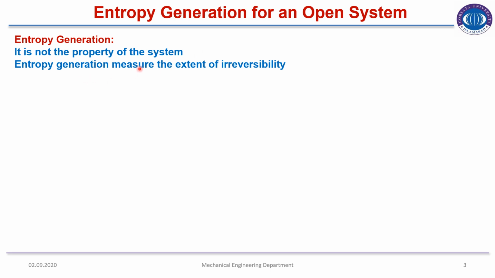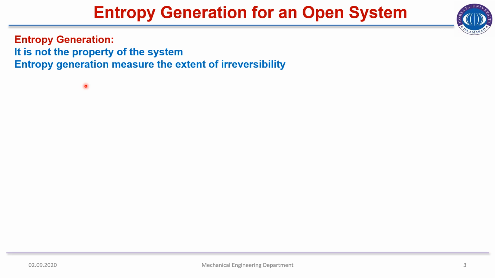Entropy generation measures the extent of irreversibility. Let's suppose we have two states, and process 1 is going from state 1 to 2, and there is another process line also joining state 1 to 2, and they have two dissimilar paths.